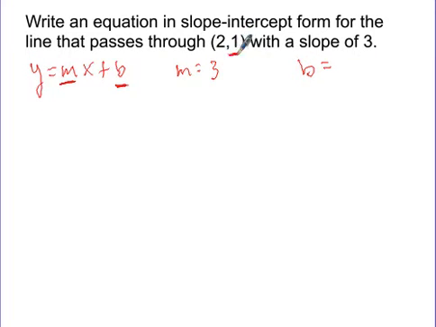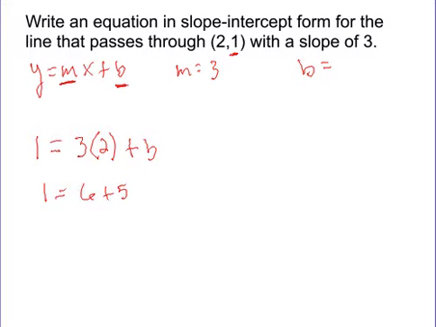So y is 1. And 1 equals 3, 3 is m, times x, which is 2, plus b. And once I've solved for b, I can write the slope-intercept equation. So 1 equals 6 plus b.